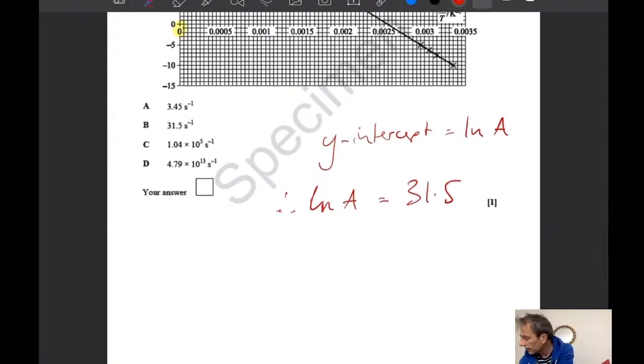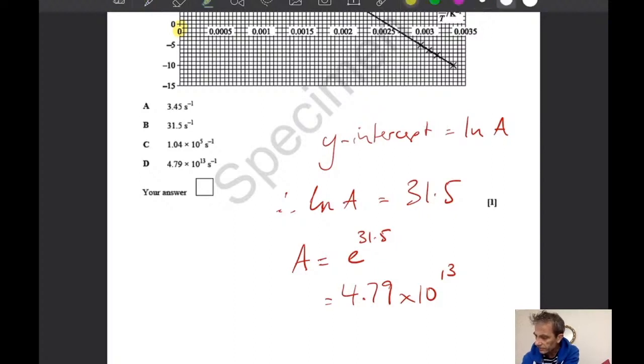If you know the ln of A equals 31.5, then A is e to the power of 31.5, and that comes out at 4.79 times 10 to the 13. So you can see it was option D. So D was the answer for that one. Okay.